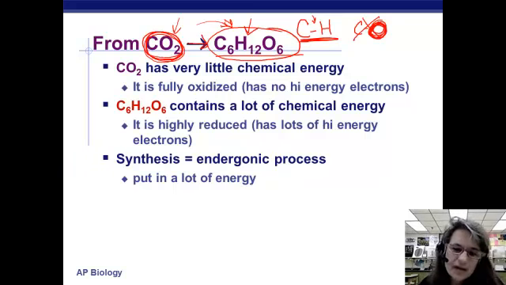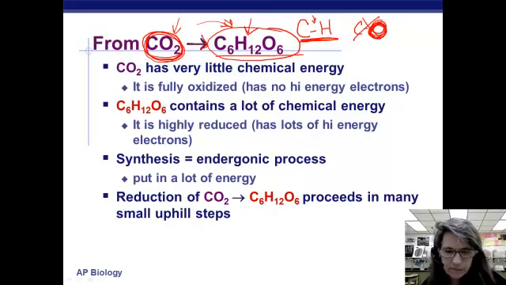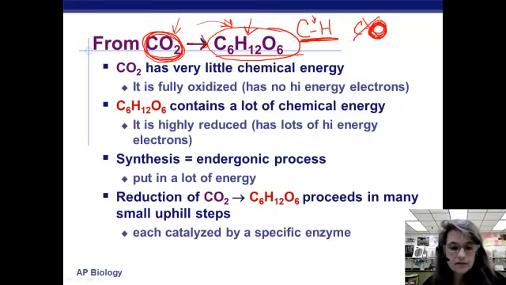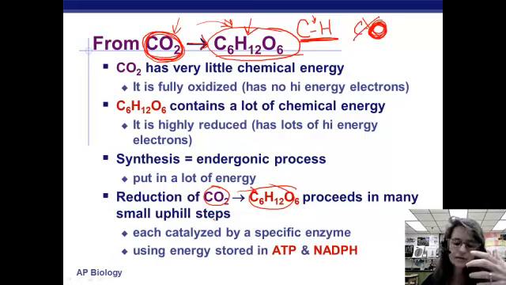We're going to have to put some energy into taking our small carbon dioxide building blocks and making them into this big complex molecule. Okay, the action of getting from here to there takes many little steps. It is a biochemical pathway, and each step is catalyzed by an enzyme, and each step uses some of this energy that we made back in the light reactions.